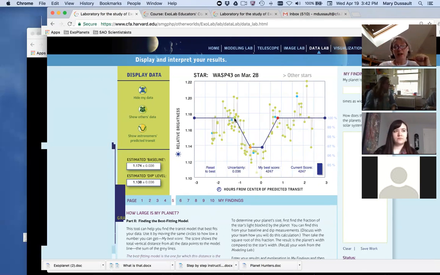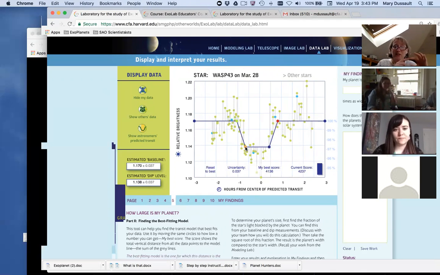As I start to now move the green, red, and orange legs of the model, you can see all these little thin gray lines. What our model is calculating is the sum of the distances of all those data points from the model, and we're trying to minimize that to get the best fit.